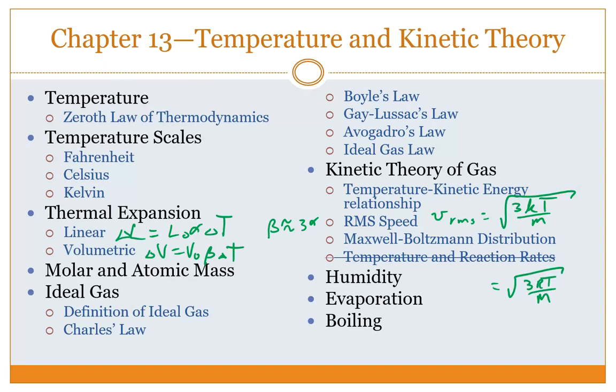We've already talked about the temperature kinetic energy relationship. That is called the kinetic theory of gases, we have the kinetic energy is equal to F times 1/2 kT, where F is the number of degrees of freedom.